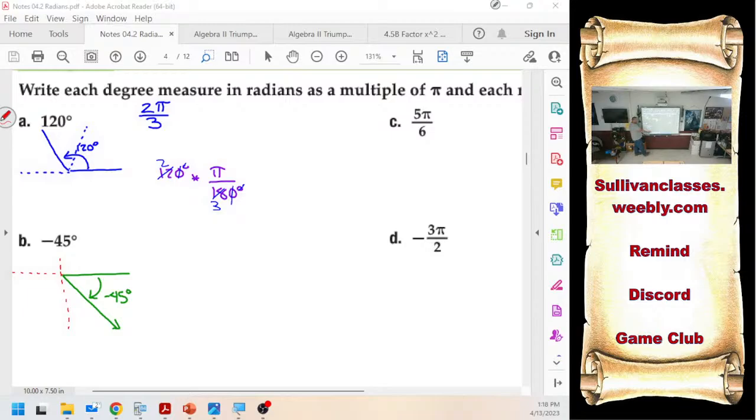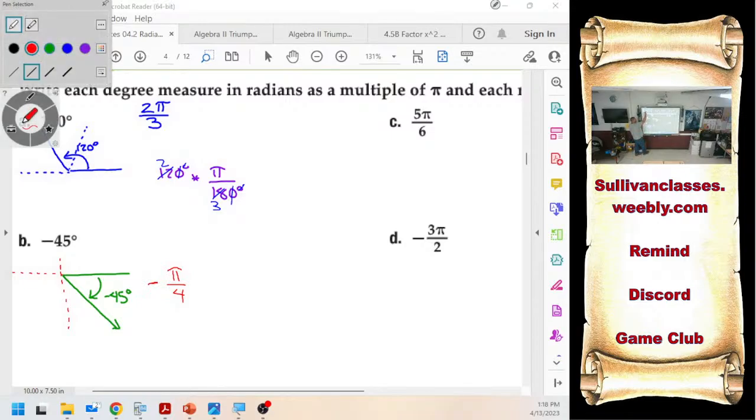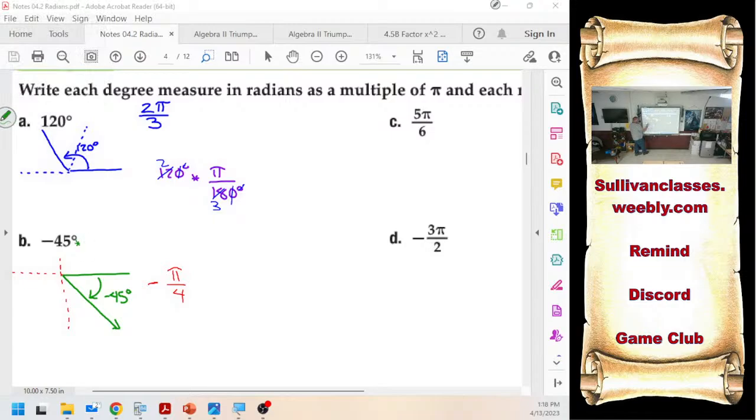I'm 1/4 of the way there, so I could just say pi over 4, but I rotated this way. Negative pi over 4. I could also just multiply it. Take that times pi over 180. Degrees cancels. 45 over 180 reduces to 1 over 4.